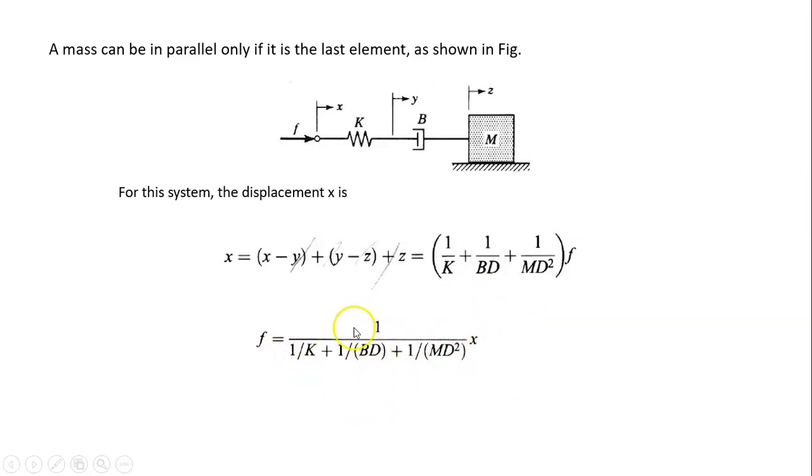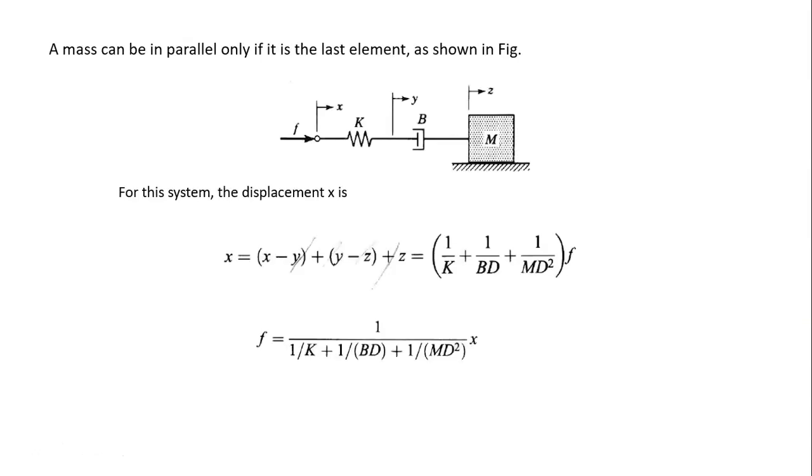Therefore, you can write this equation as F is equal to Zx. F is equal to Zx. Therefore, Z is equal to 1 divided by (1/k plus 1/bD plus 1/mD²).